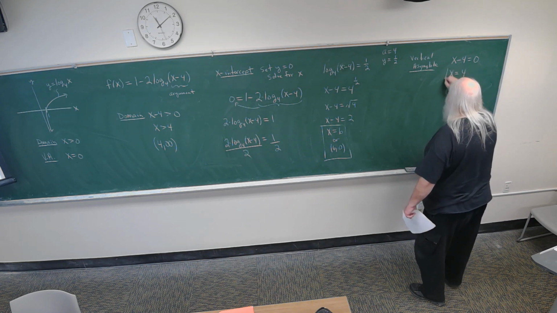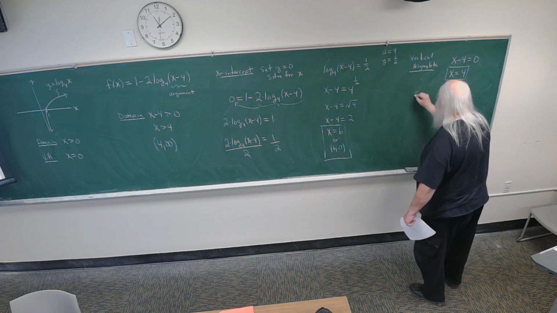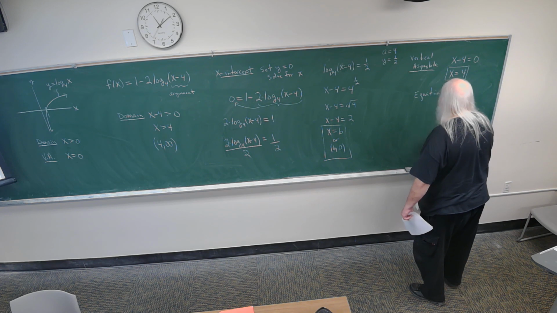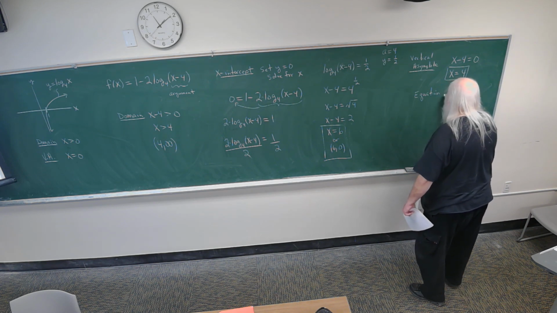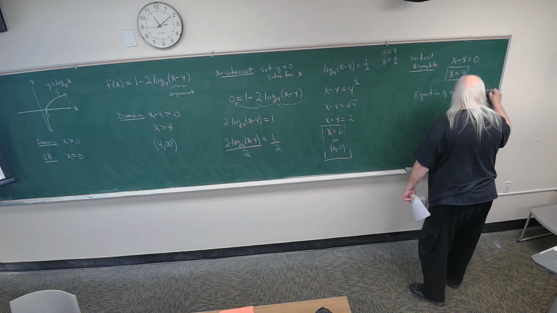So x equals 4 is the vertical asymptote. And this reminds us, vertical asymptotes are vertical lines. So x equals 4 is the equation of a vertical line.